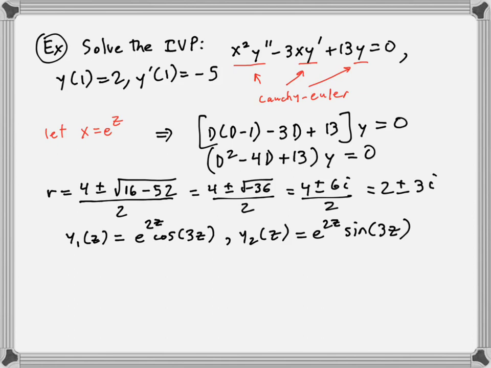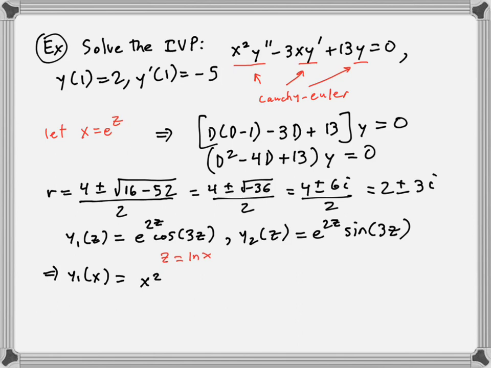So of course, we do need to replace back. If you want to write them as functions of x, remember, z is equal to ln of x. And so when you replace it back, we know that e to the 2z is just going to become x squared.